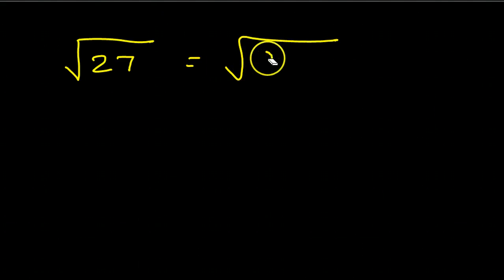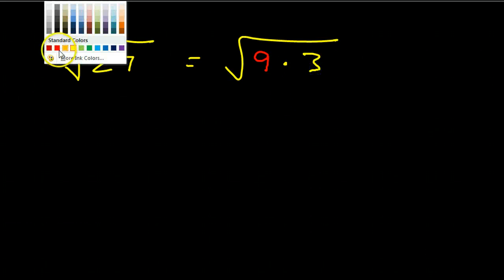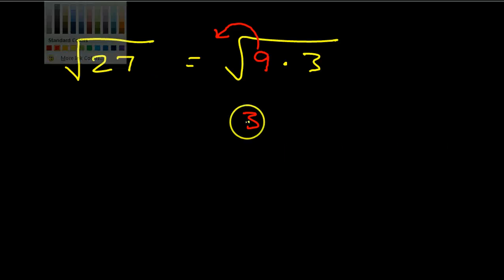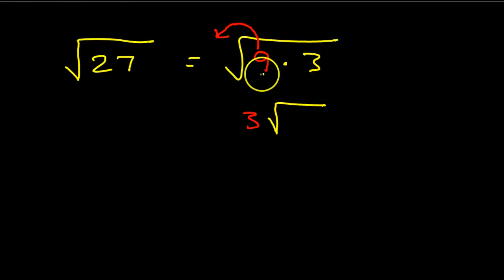You know I still want it to be red. 9 is a perfect square factor. 9 times 3 is 27. Okay, so because 9 is a perfect square, I will take the square root of 9 and that will become outside of the radical. Okay, so square root of 9 is 3 outside of the radical. And then inside of the radical, we still have the 3. So the square root of 27 is 3 radical 3.